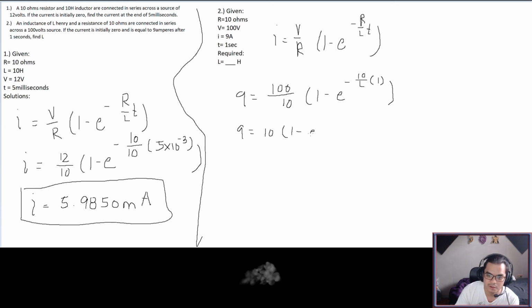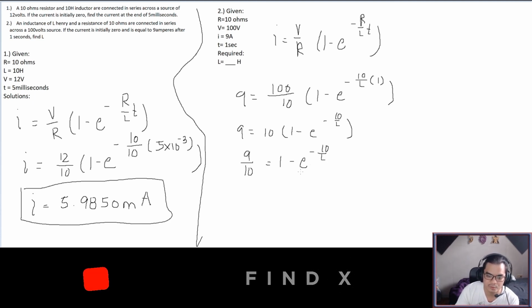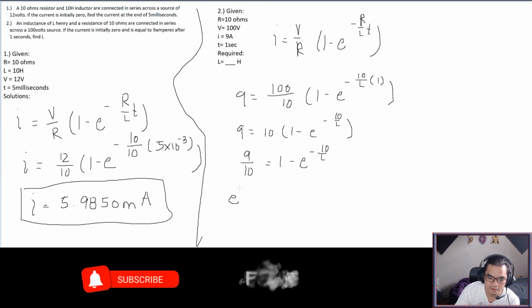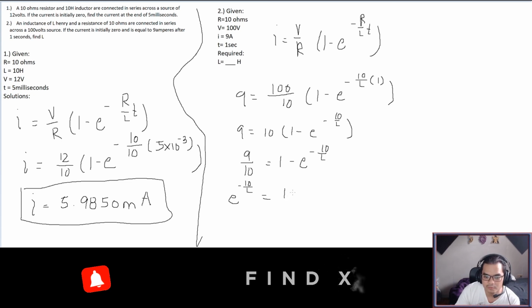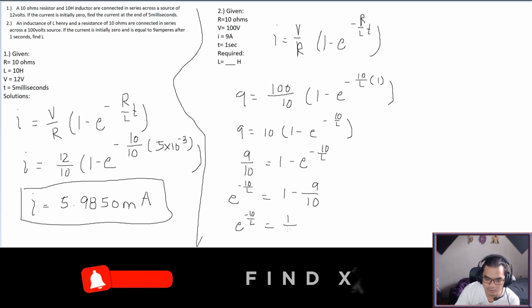So 9 equals 10 times 1 minus e raised to negative 10 over L. The 10 must go down here, so 9 over 10 equal to 1 minus e raised to negative 10 over L. Then e will be transposed to the other side, and 9 over 10 will also be transposed. So e raised to negative 10 over L equals 1 minus 9 over 10, and 1 minus 9 over 10 is 1 over 10.